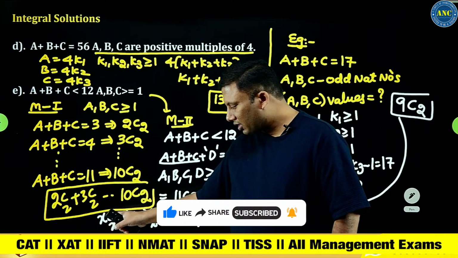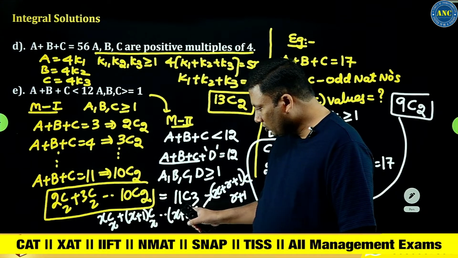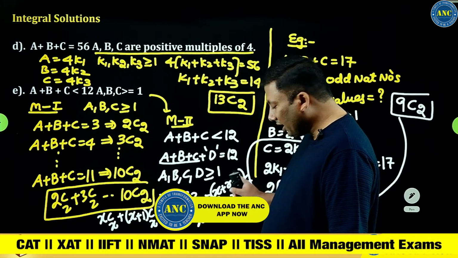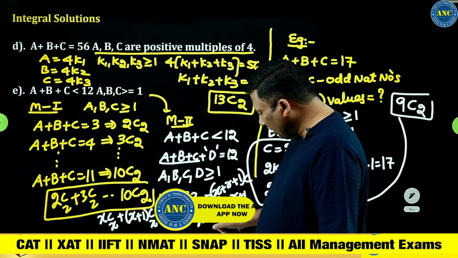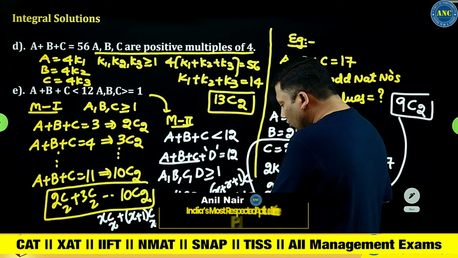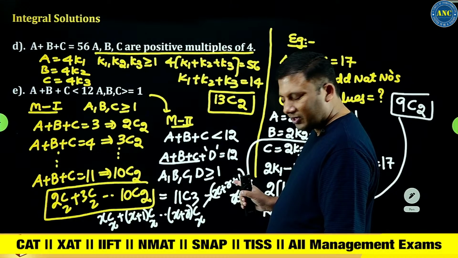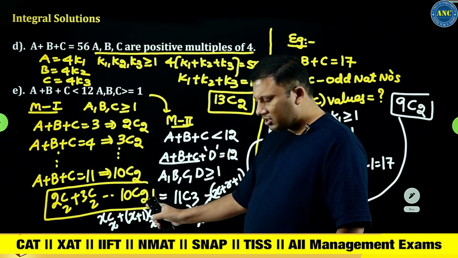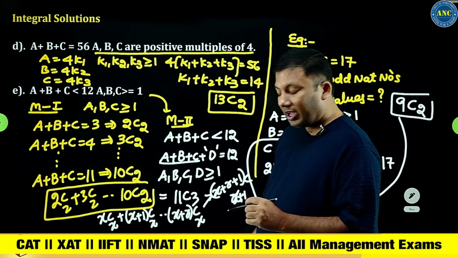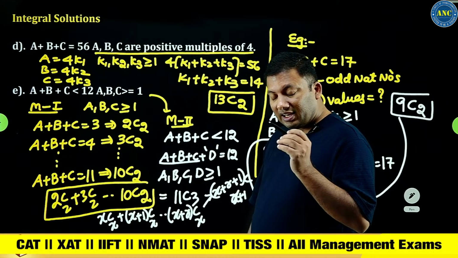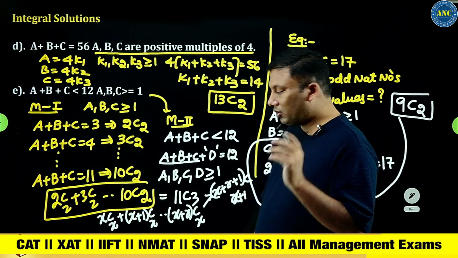That is 10 plus 1, 11, and 2 plus 1, 3. You don't need to remember this binomial expansion. I hope you see how the less than inequality is converted into equality.